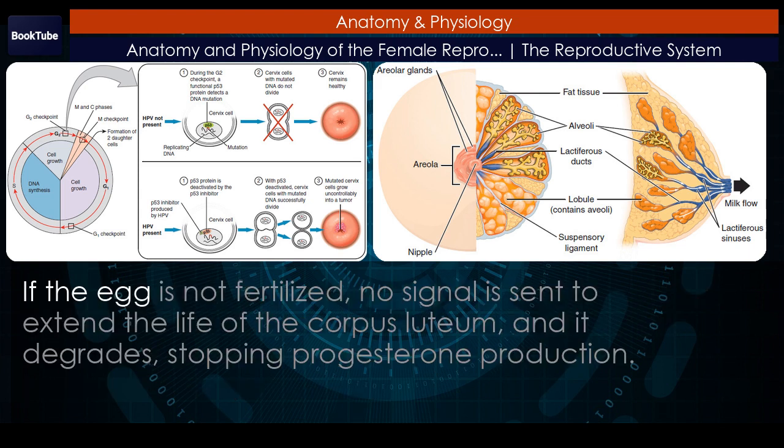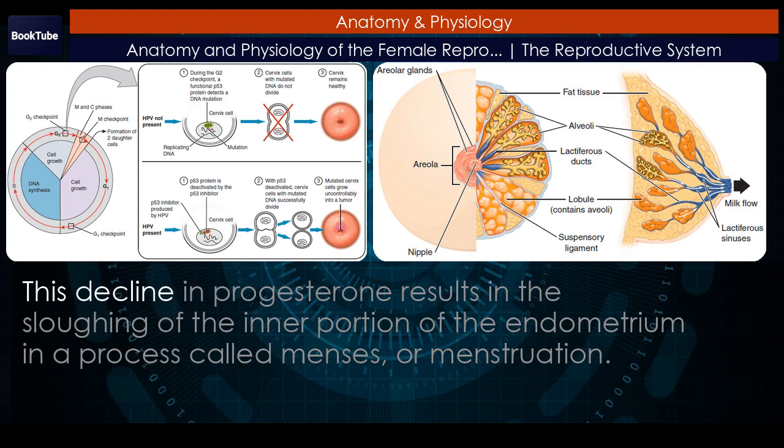If the egg is not fertilized, no signal is sent to extend the life of the corpus luteum, and it degrades, stopping progesterone production. This decline in progesterone results in the sloughing of the inner portion of the endometrium in a process called menses, or menstruation.